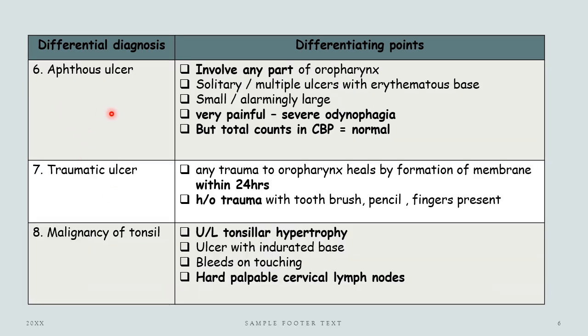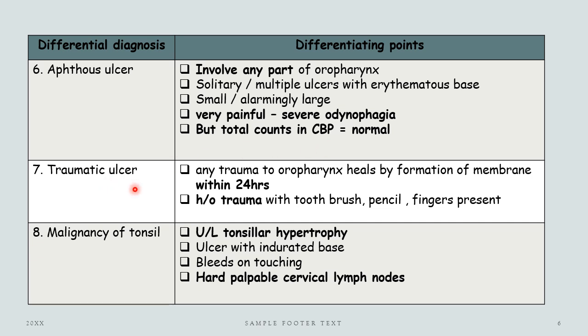So coming to aphthous ulcer, it can involve any part of the oropharynx, not only the tonsils. And here also we can see ulcers like in Vincent angina, but unlike Vincent angina, here it can be seen in any part of the oropharynx, not only on the tonsil. They could be small or alarmingly large, and it is a very painful condition, but even after all this, the total counts in the complete blood picture would be normal.